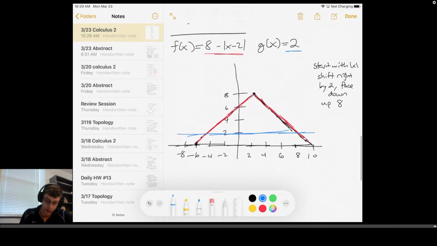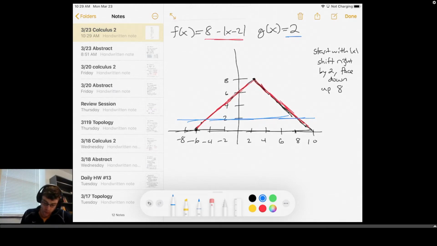Okay, and this one, again, it would just be integral here. Where are intersection points? So this is a little bit harder to solve for. So there, if you draw an accurate graph, it's not too bad.